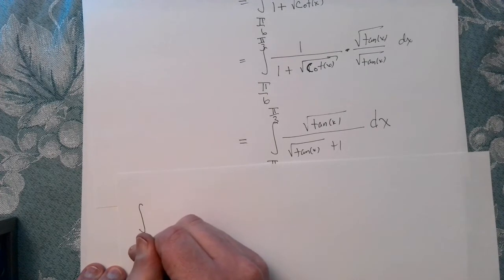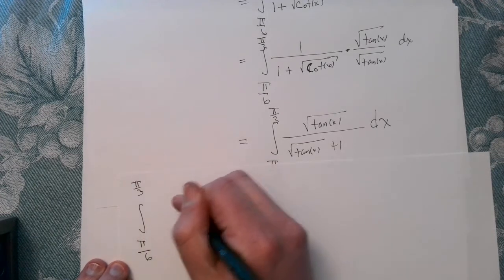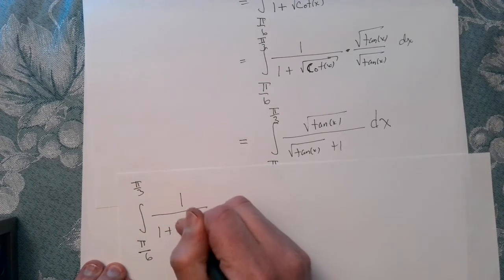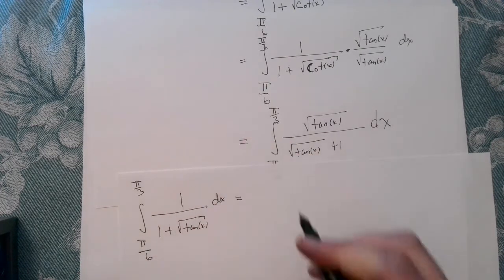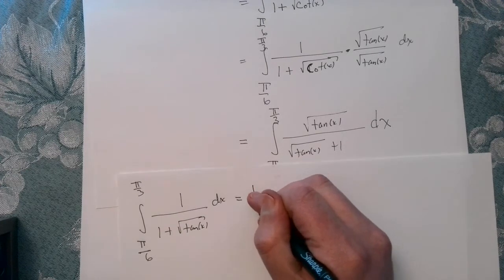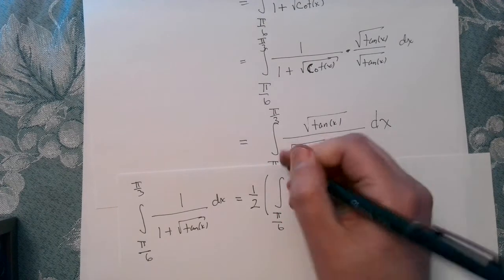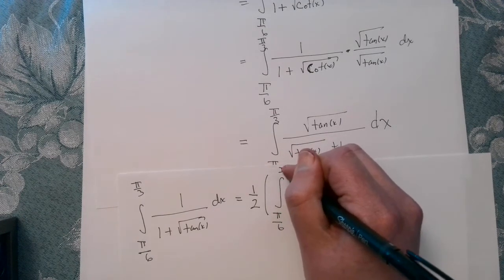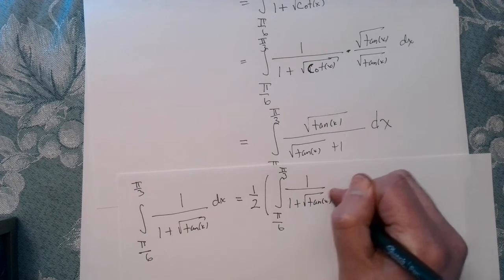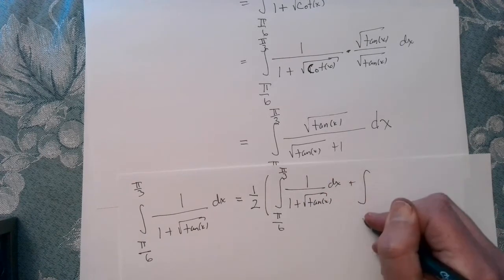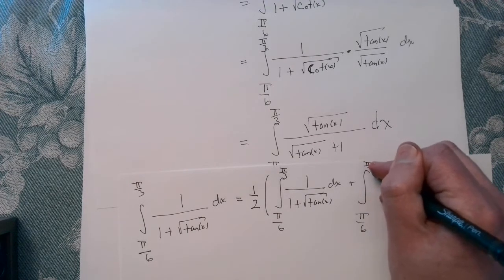I'm going to say that the original integral can be thought of as 1/2 of 2 of these. That makes sense, right? 1/2 of 2 is 1. So this is completely legal so far.